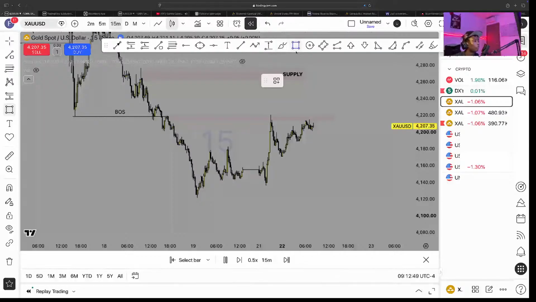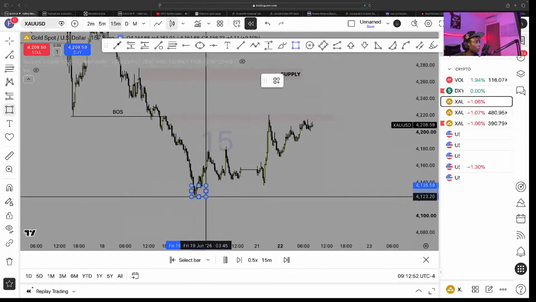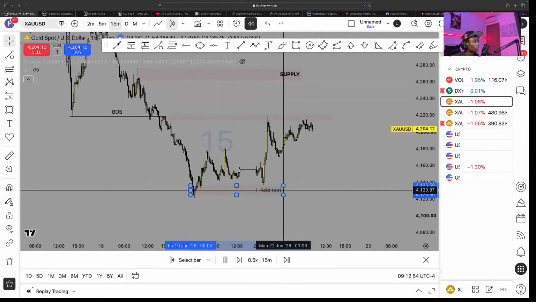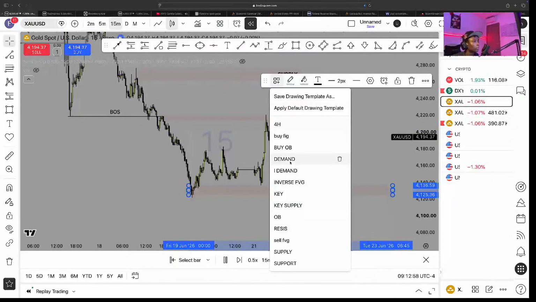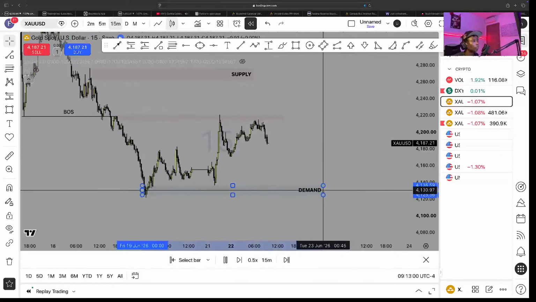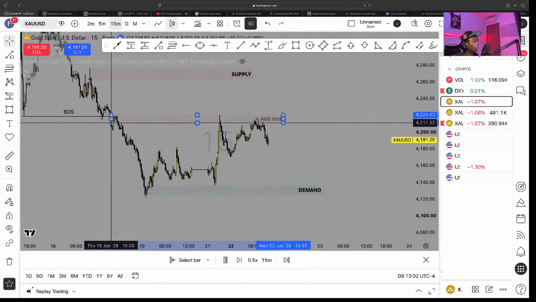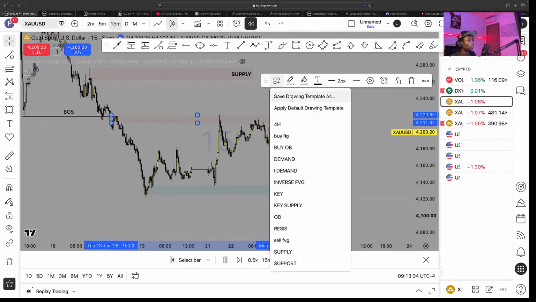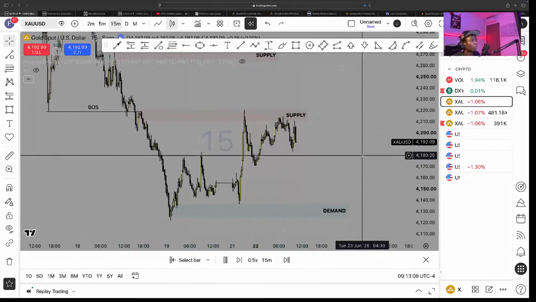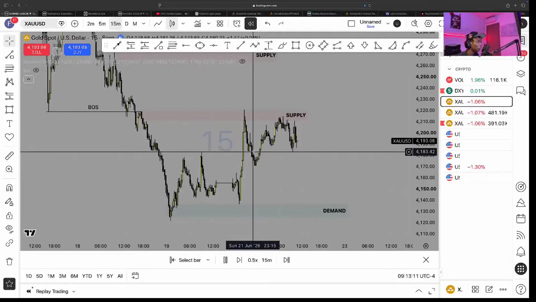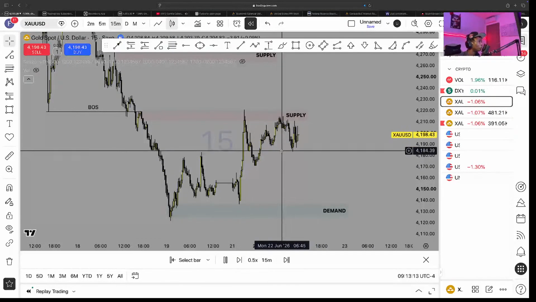So we have a demand here. We have a demand here. Just put the demand. We have a supply here. Let's see if that supply is gonna hold. Already we are seeing some selling pressure in here.